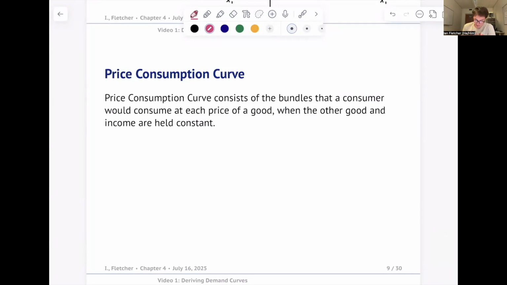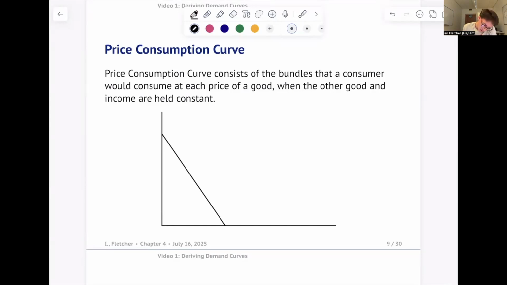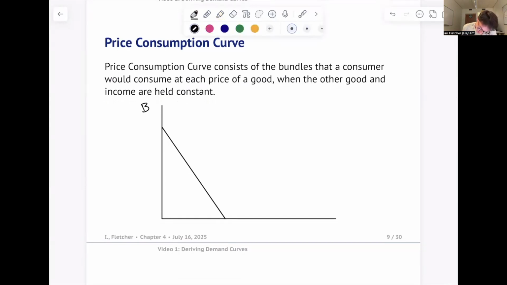Okay, here's this. So if we're thinking about a price consumption curve, let's suppose, following from what we did up there, we had this original demand line here. So if we have good one, let's call this beer, let's call these donuts, and then we are going to shift out to, so this would be at price one. This would be at price two. This would be at price three.